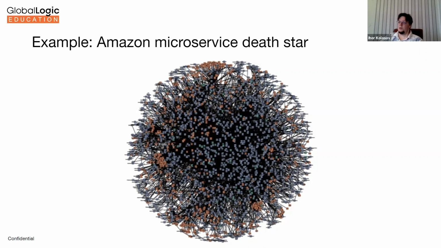It's the microservice architecture of AWS, Amazon microservices, and it contains thousands of different microservices with different purposes, which are connected by thousands of different links, connectors, data storages, etc.